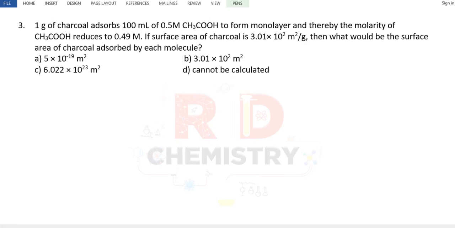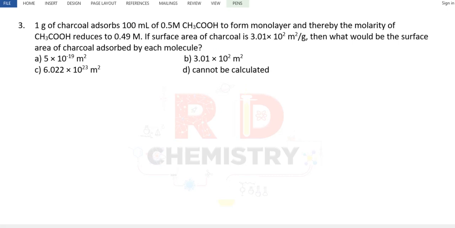Question number 3. 1 gram of charcoal adsorbs 100 ml of 0.5 molar acetic acid to form a monolayer, and thereby the molarity of acetic acid reduces to 0.49 molar. If surface area of charcoal is 3.01 into 10 power 2 meter square per gram, then what would be the surface area of the charcoal occupied by each single molecule?